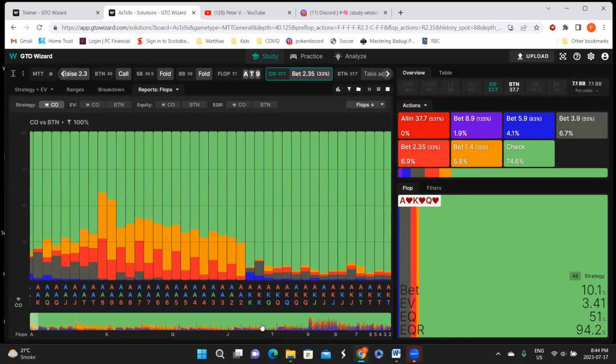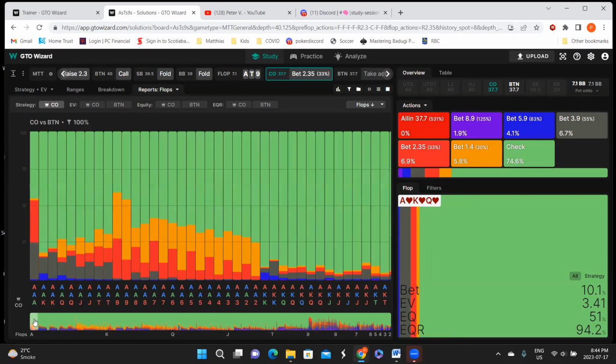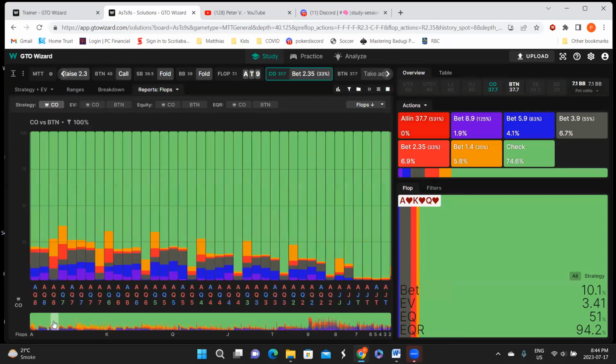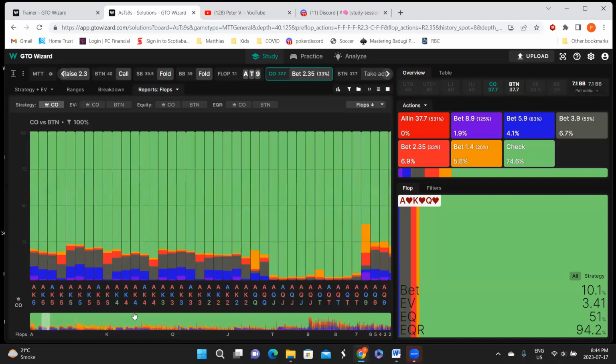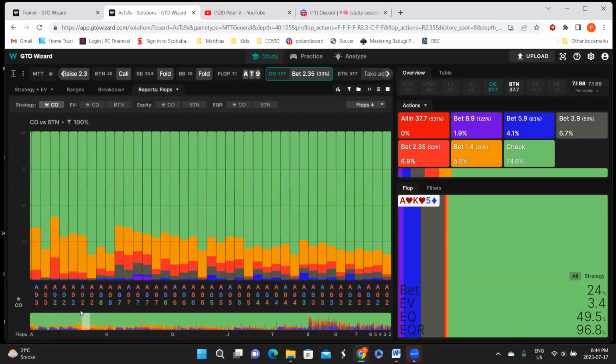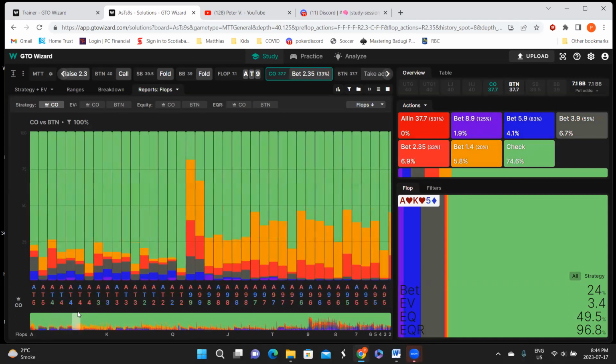So the cutoff is going to be checking high card boards a ton. Now we do notice that when it does bet, it's using some blue sizing, some gray sizing, some purple sizing. So half pot and bigger when it does bet. So it's infrequent and large when it does want to bet. So when you're out of position, you're doing a lot of that.